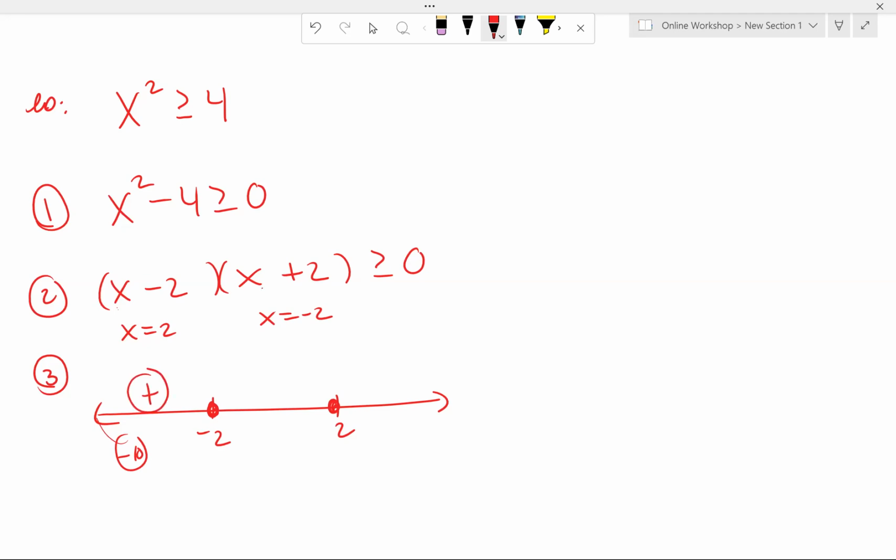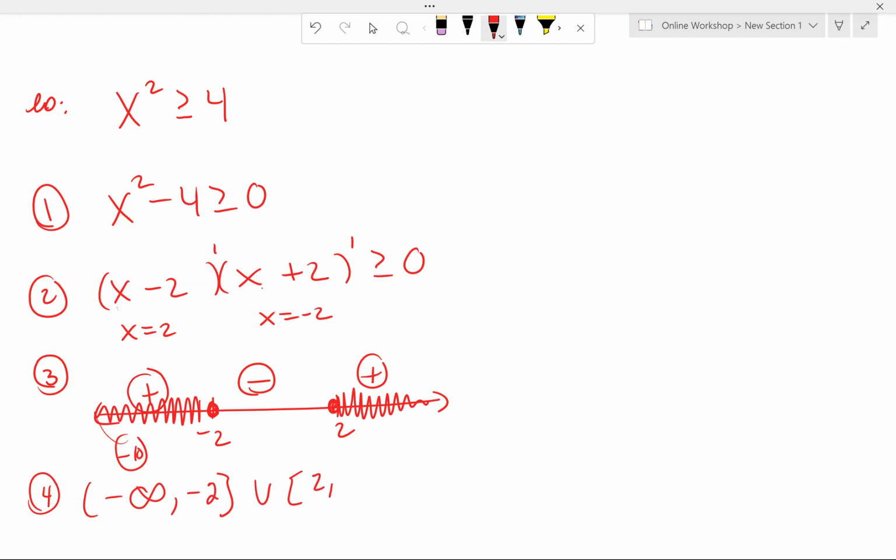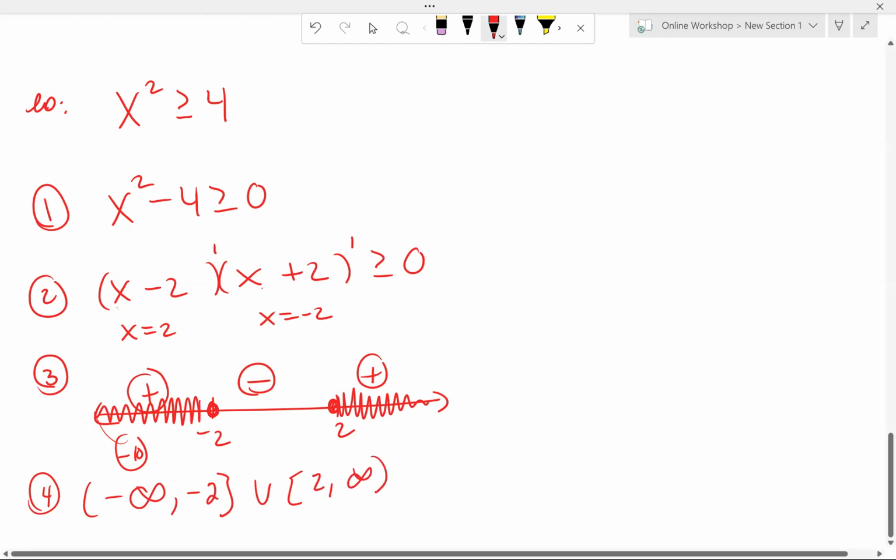And if you're very accurate with that, you know they have to alternate signs then, because these are odd multiplicities. I want greater than 0, so I'm going to shade where the number line is positive. And in step 4, write my solution. This will be from -infinity up to -2 with the bracket, in union with bracket 2 to infinity.